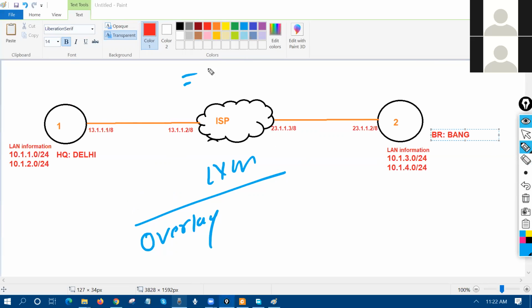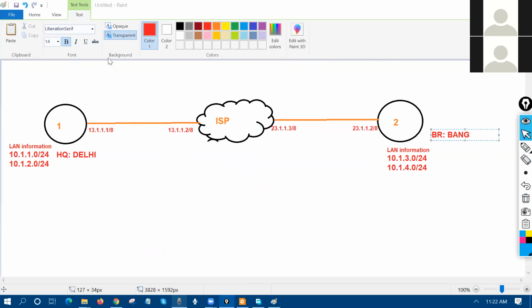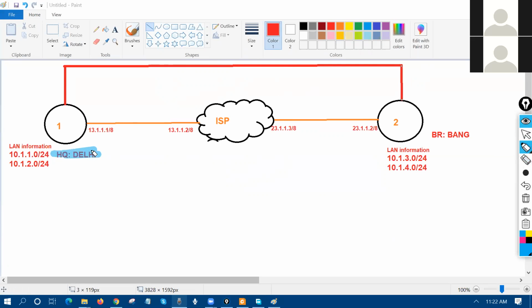I'm just going to create one tunnel between this source, the headquarter, and the branch office location. I'm just going to make one logical connection from this side to this side.